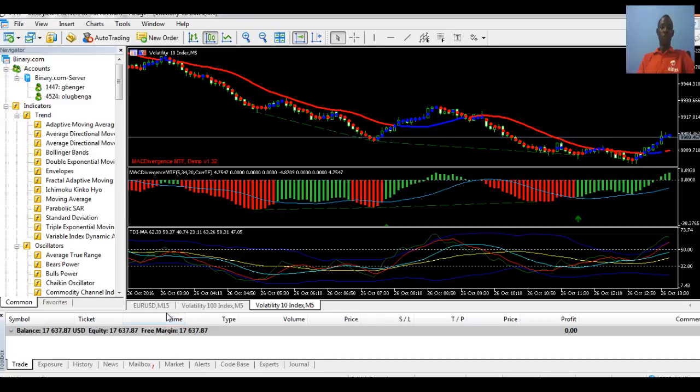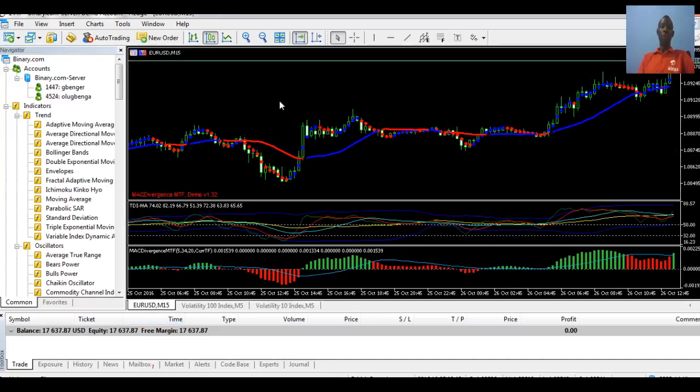Now if I actually want to do anything, I will wait. Remember, I will wait for the signal from the TDI. I wait for the signal from MACD. I wait for the signal on the Forex line.